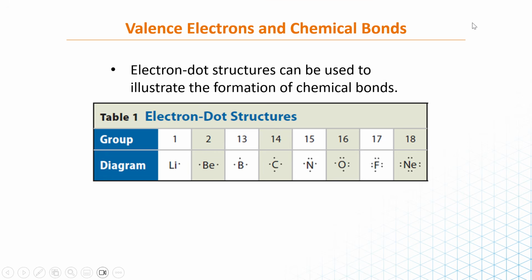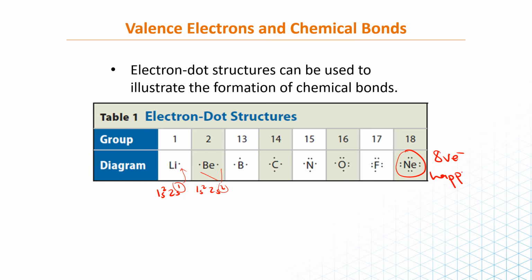This slide is just to show you the electron dot structure of some atoms, guys. For example, lithium, the notation is 1s2, 2s1. Beryllium is 1s2, 2s2. So 1 valence electron, 2 valence electrons, 4 valence electrons, and then 8 valence electrons. So this atom has 8 valence electrons.